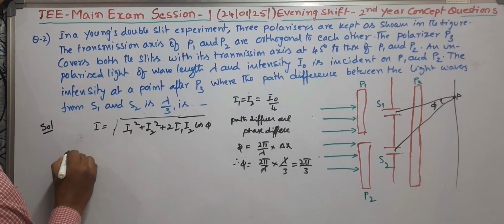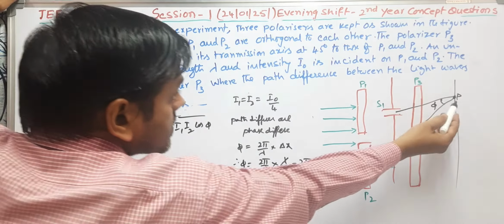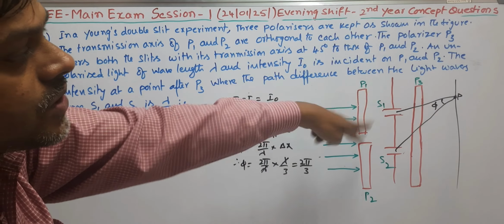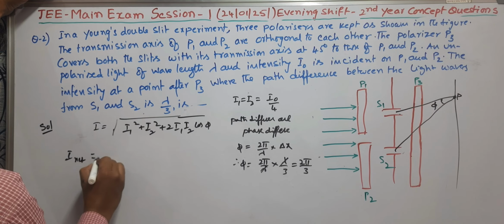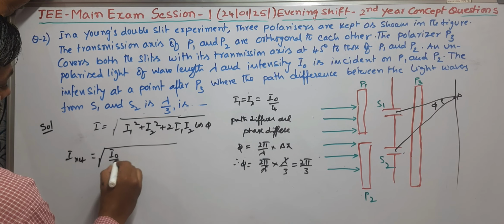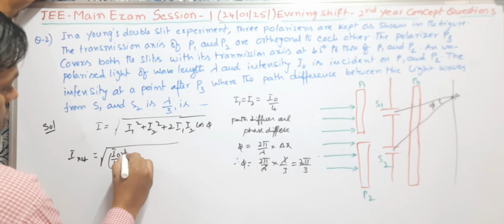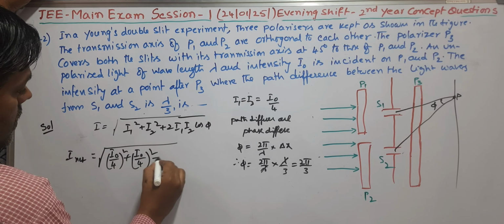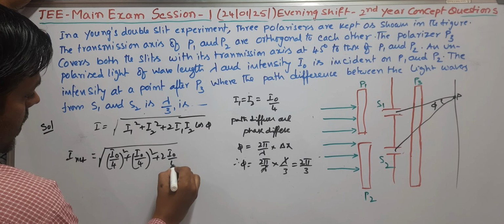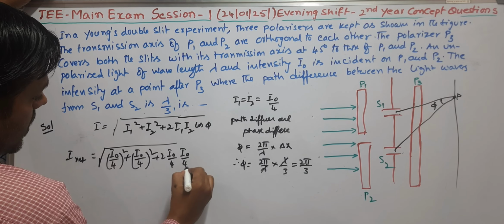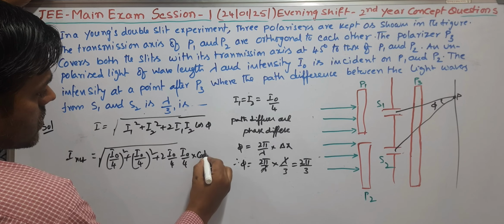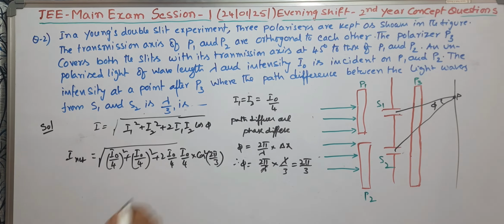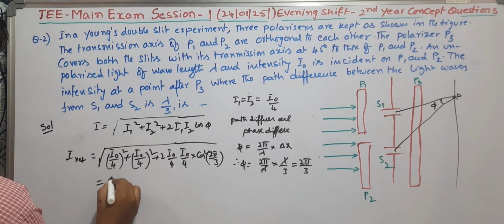So the net resultant intensity at the common point P, after arriving from S1 and S2 and passing through polarizer P3, is I0 by 4 plus I0 by 4 plus 2 into I0 by 4 into I0 by 4 into cos of 2 pi by 3. When you solve this, you finally get I0 by 4.